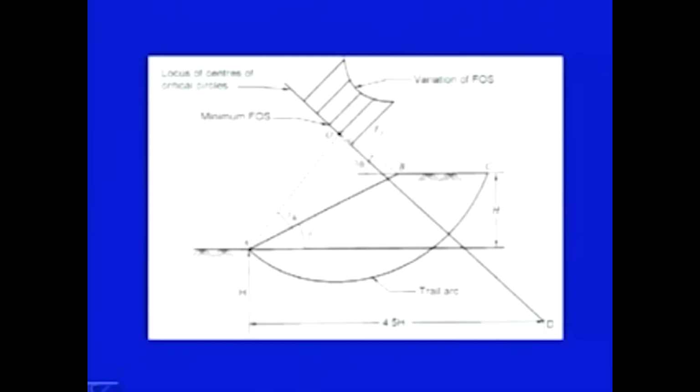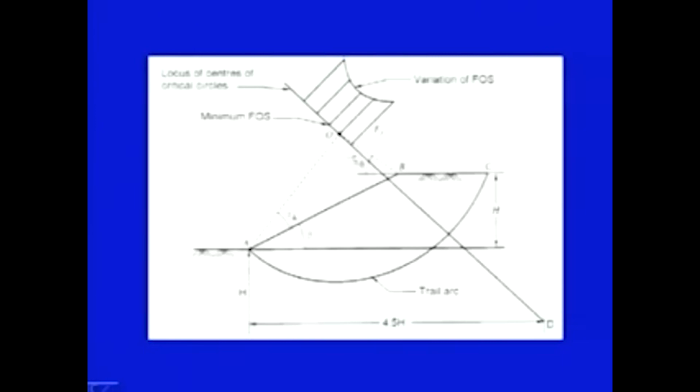Take their point of intersection, this is the point of intersection O. Now, take another point here, h meters below it and 4.5 h, 4.5 times h, where h is the height of the slope. So, take this dimension as h, and this horizontal dimension from A to D as 4.5 h, and take a point D here. Join this D with the point O which we obtained earlier, and extend it.